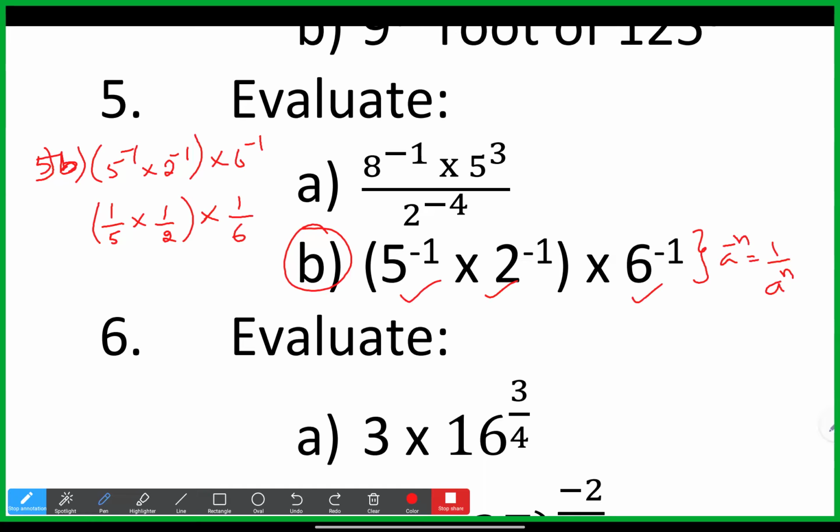There are no cancellations here, so we multiply the numerators 1 into 1 into 1, and 1 by 5 into 2 into 6, which is 1 by 60.